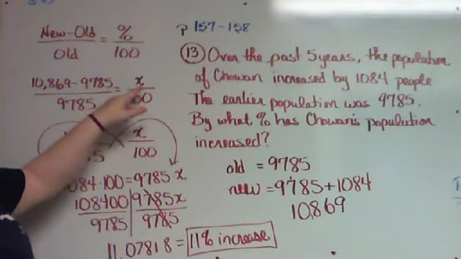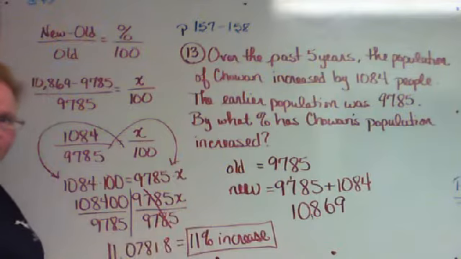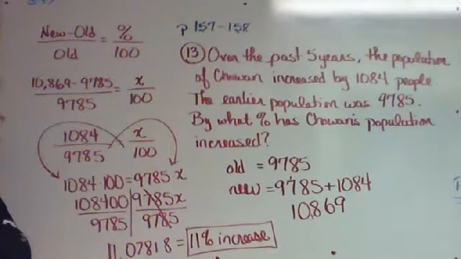If your percent is ever negative, that means that it's a decrease. It doesn't mean that you write the negative in front, it just means that you write percent decrease, because that's how much it went down. That's what the little negative sign tells you, is that it went down instead of it going up, because we're talking about change and stuff. So a negative means you write percent decrease. A positive, like this one, means that you write percent increase.